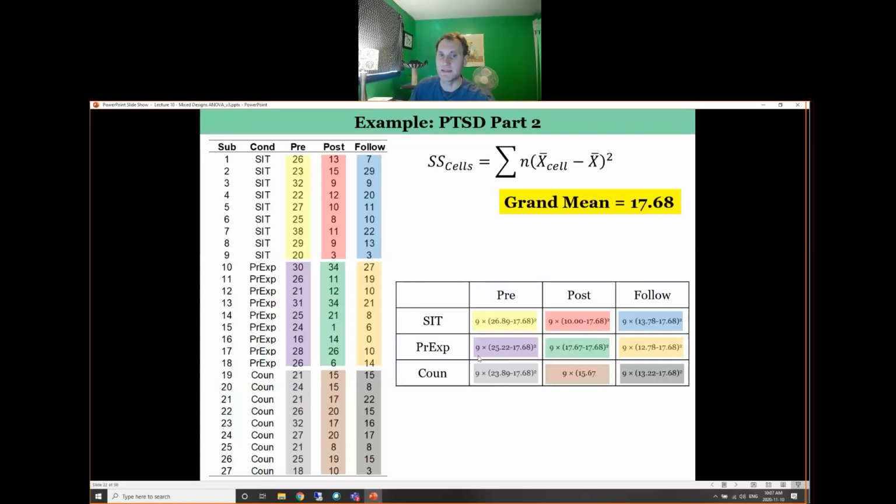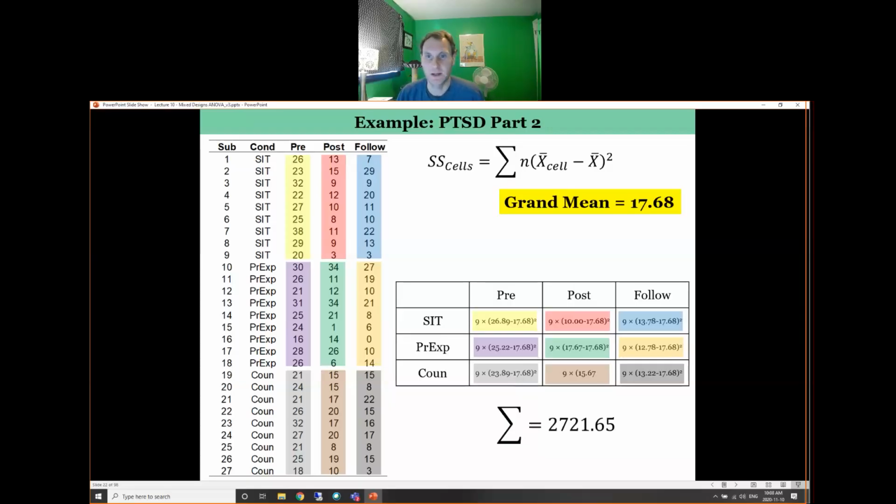Next, I compute the deviation of each of these means from the grand mean. So each time I'm subtracting out 17.68, squaring the result, and multiplying, this time just by n, the number of people in that cell. So that is 9, because there were 9 people per condition.